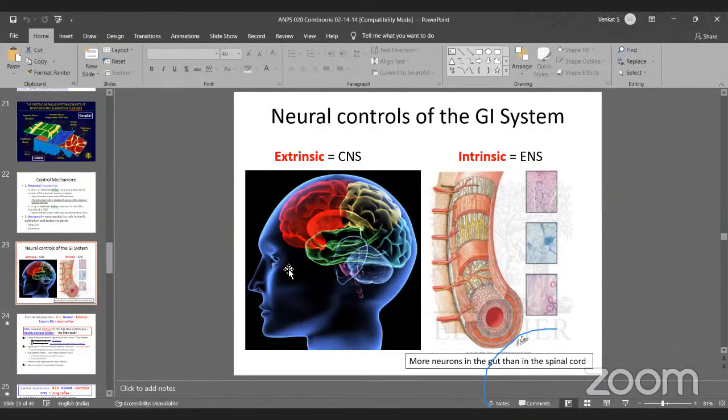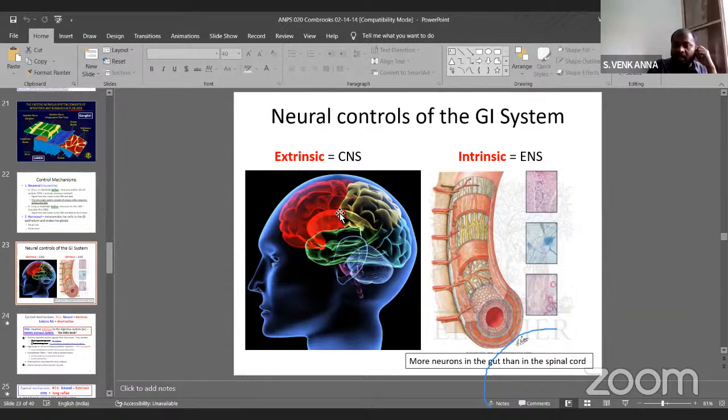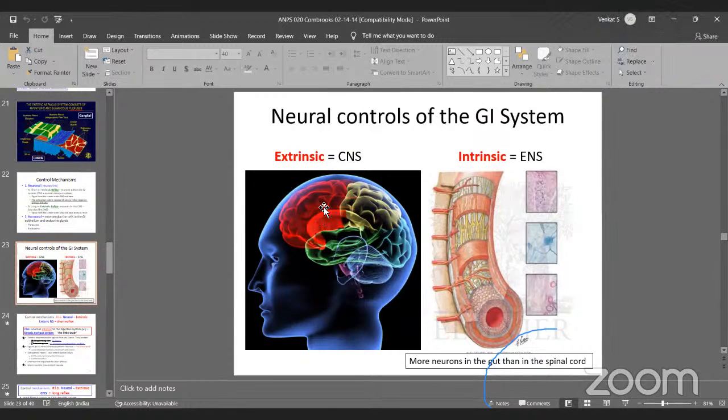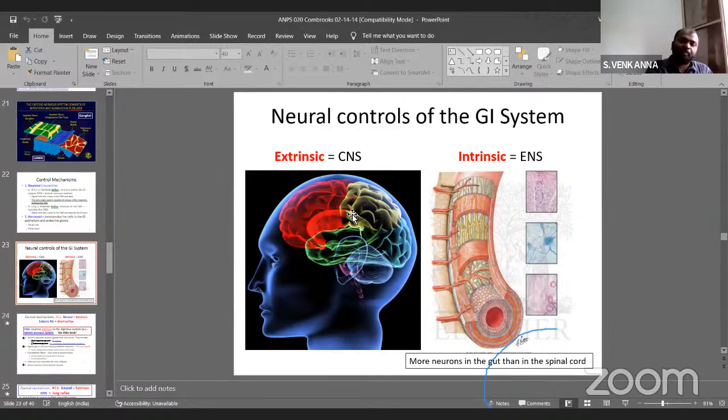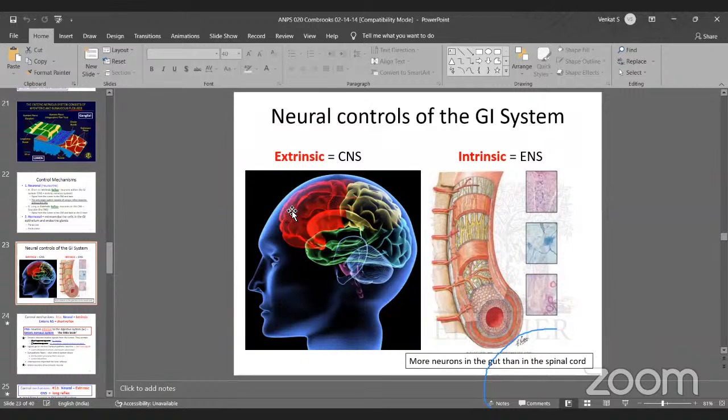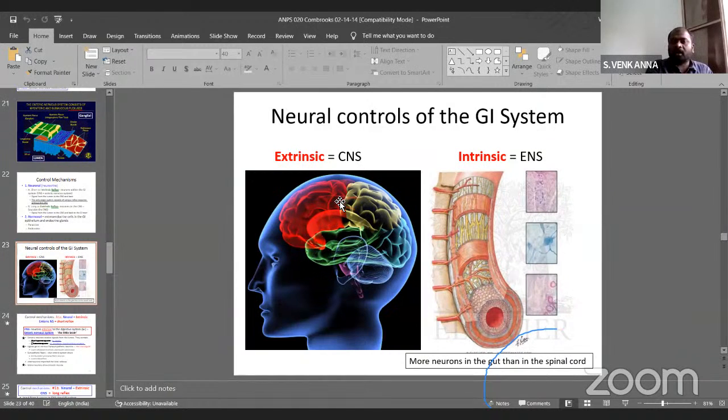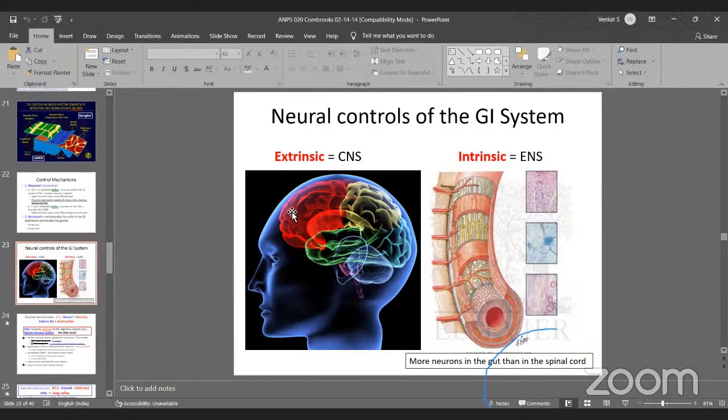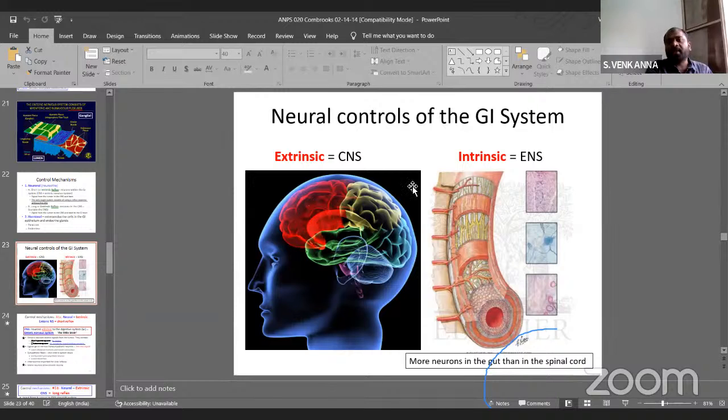Observe the CNS. The human brain weighs about 1350 grams. It has three parts and is umbrella-shaped; this is the forehead. It is the nervous attachment for communication. The central nervous system is located here, and this is the intrinsic ENS.